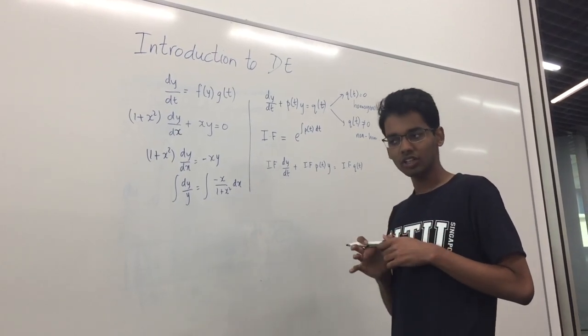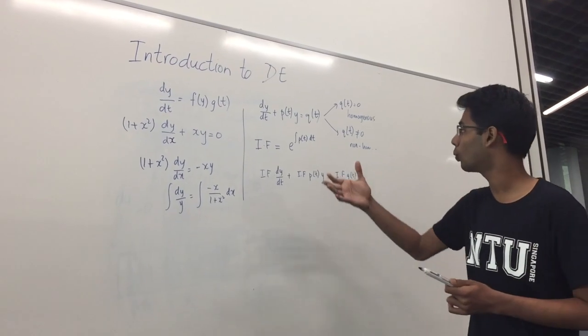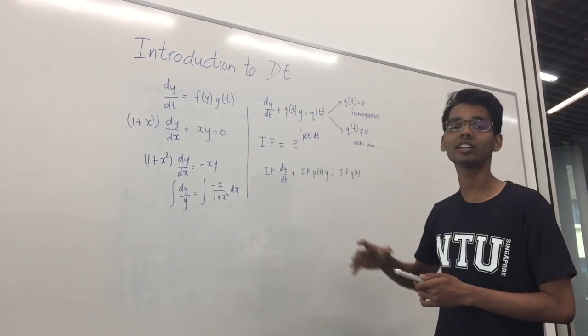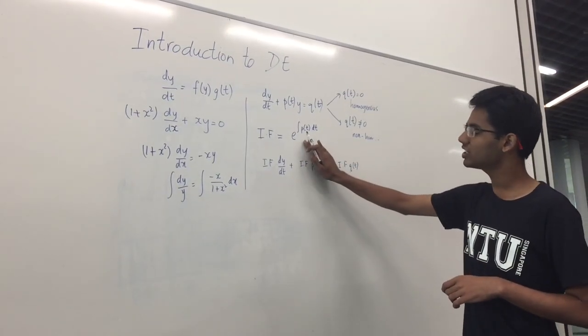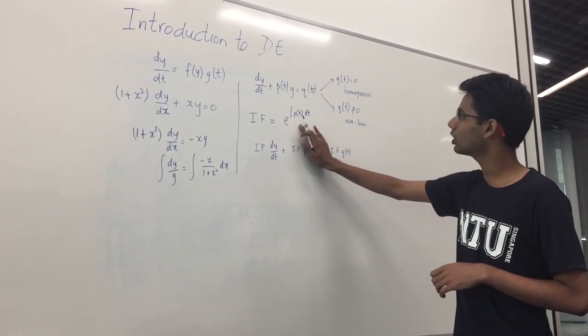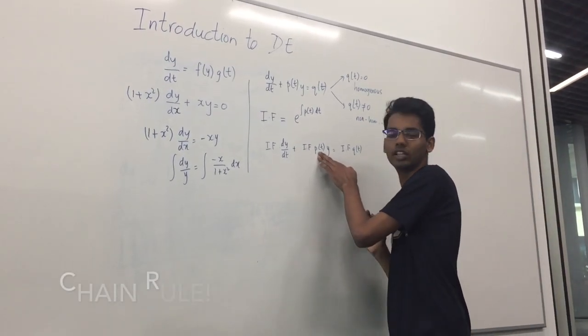Now, I would encourage you to research why we have taken the integrating factor as this. If you look at it, when you differentiate this term, you're just going to get the integrating factor times p of t. It's going to end up like that.